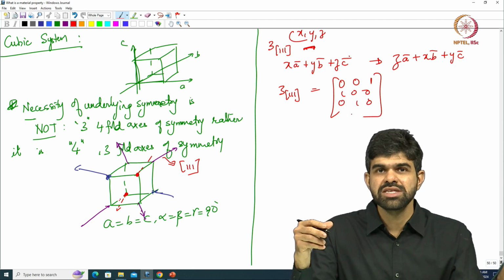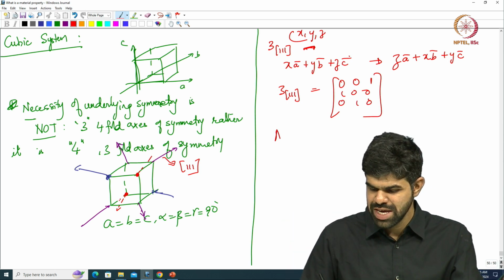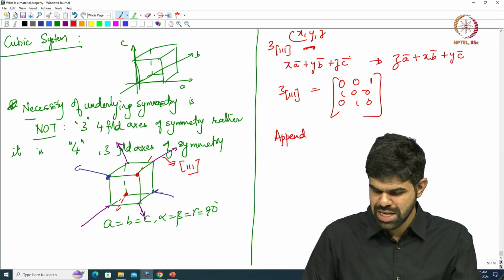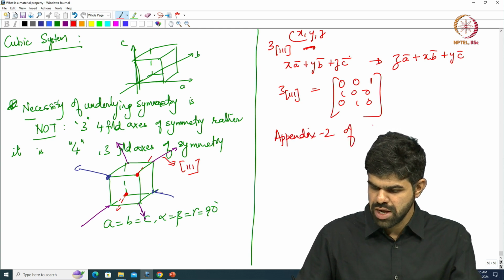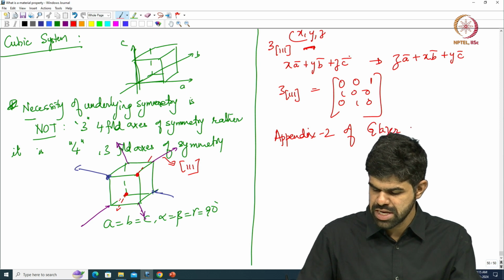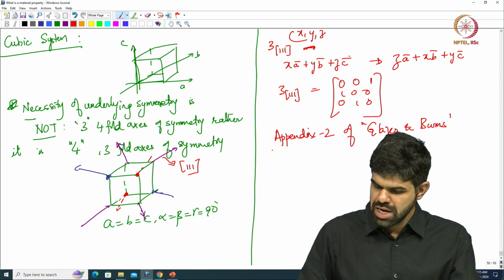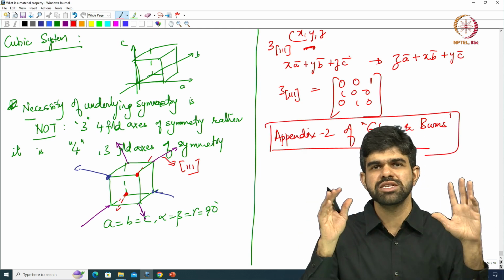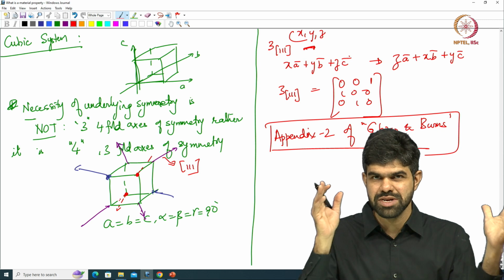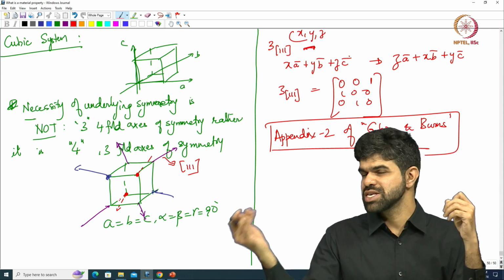You can derive this, or you can go and look at appendix 2 of the book by Glaser and Burns, or Burns and Glaser actually, in which all the transformation matrices for various symmetry operations are given. So, you can just take that table.